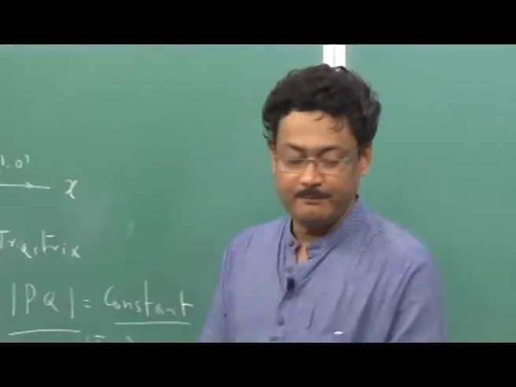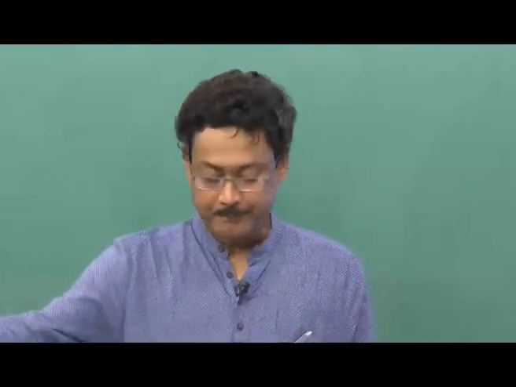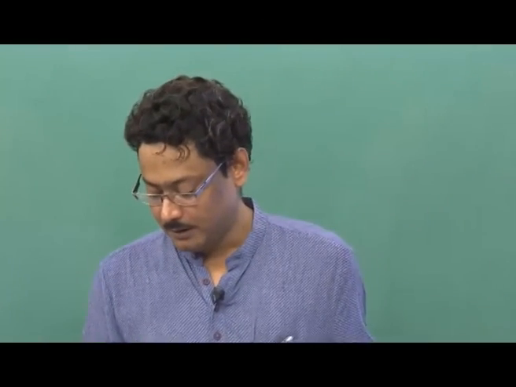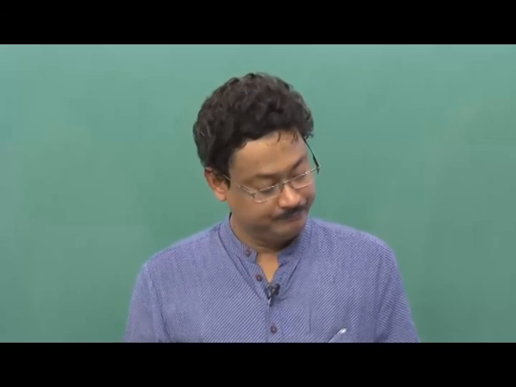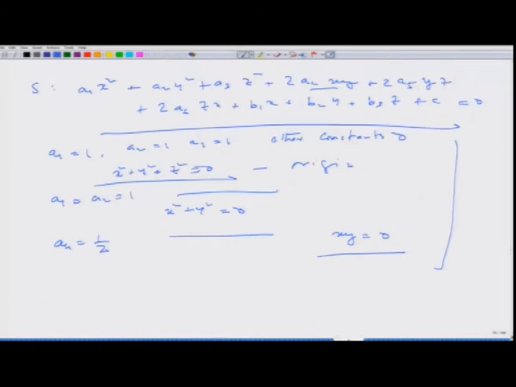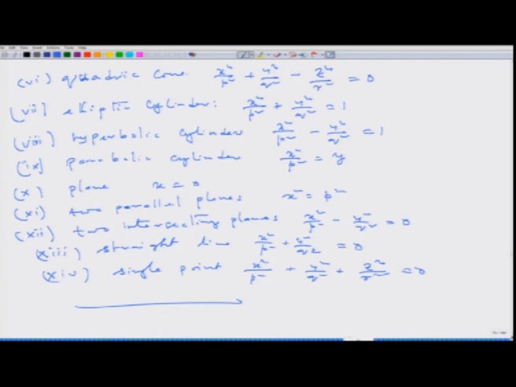Now, how do you prove it? The proof is that I have taken this A, a symmetric matrix, right. This A was a 3 cross 3 symmetric matrix. What do we know about symmetric matrices?